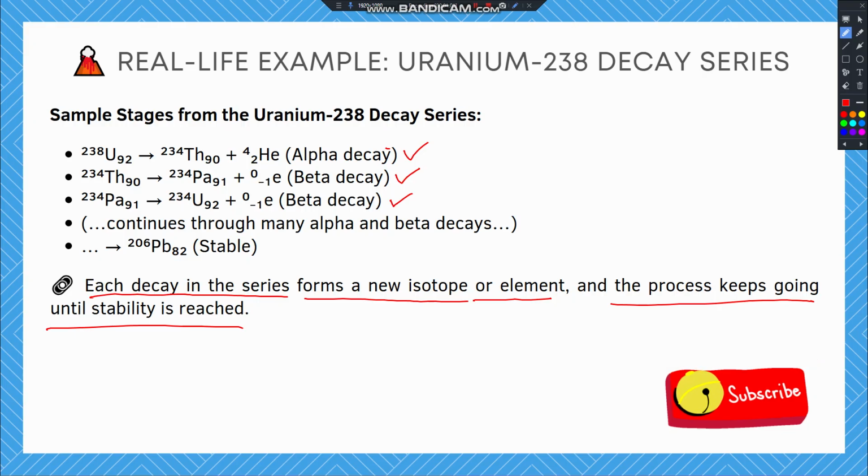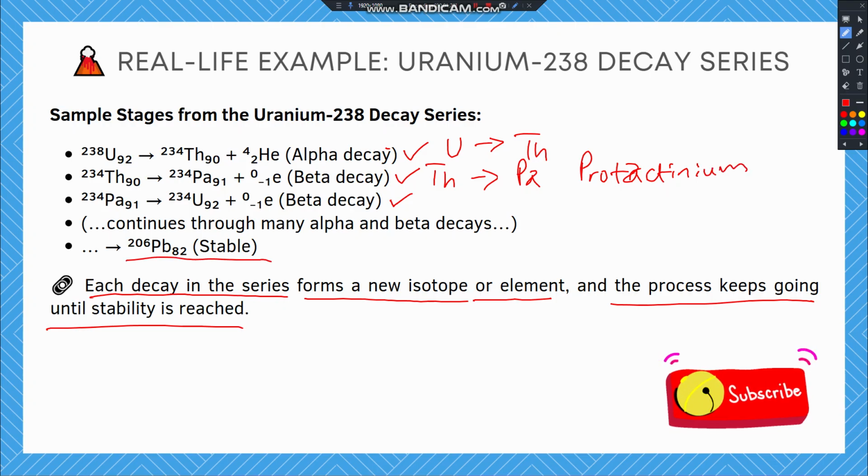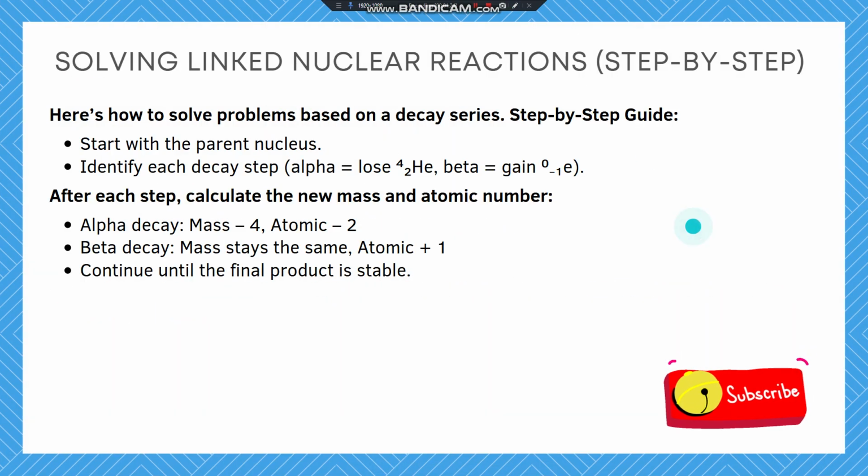For the first alpha decay, you can see uranium converted into thorium, and then thorium converted into a new element with the symbol Pa. Pa here stands for protactinium. Alright, so the process went on and on until they formed lead. So let's see this uranium decay series in depth and see if we can solve a question pertaining to it.